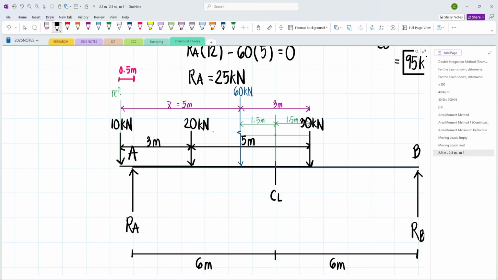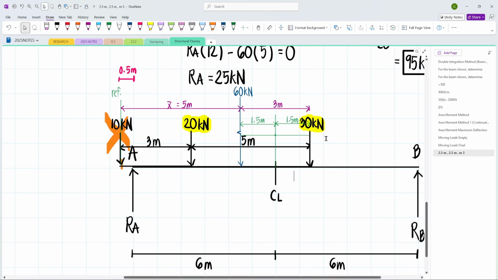What does it mean to reduce it? Since the 10 is no longer inside, outside the span, we will just consider the 20 kN and 30 kN loads. Then we compute the maximum moment under the 30 kN load, the larger load between the two.